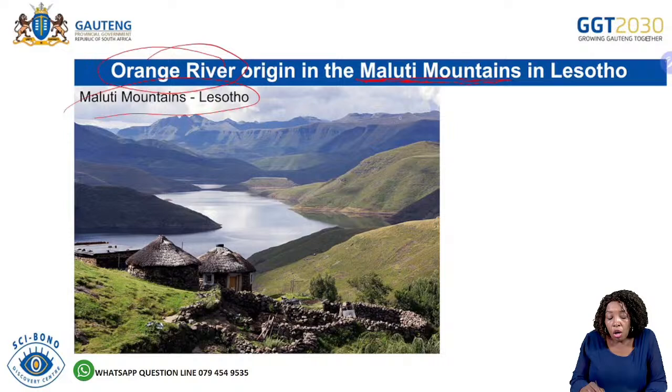All these high-lying areas that are draining water in that direction would be the catchment areas. And these high-lying areas would also be a watershed, which is the high-lying area that separates two drainage basins.